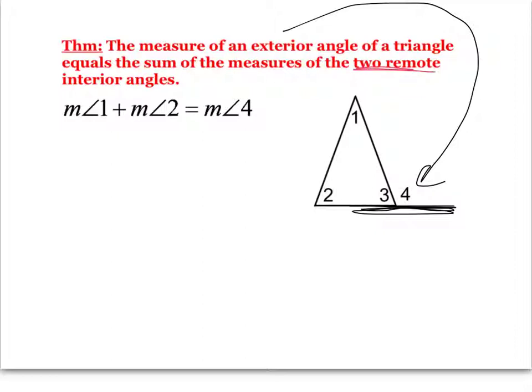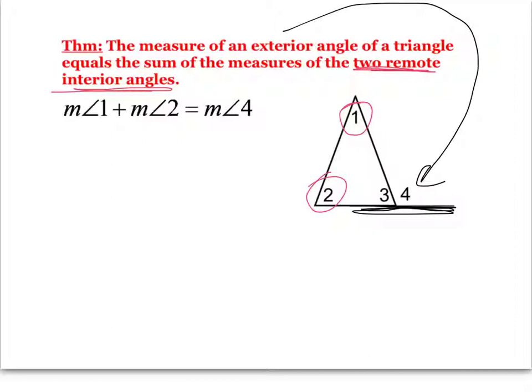That's very wordy, but the two remote interior angles means the two interior angles that are remote, far away from that exterior angle. So we're not talking about 3, because 3 is next to it. We're talking about angle 1 and 2. So that's a very wordy definition. If you were using this in a proof, you would just say the exterior angle theorem, and that would be good enough.